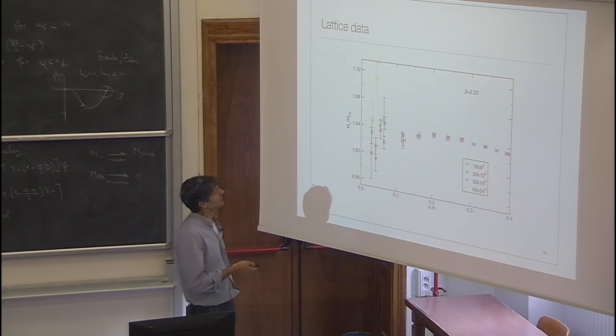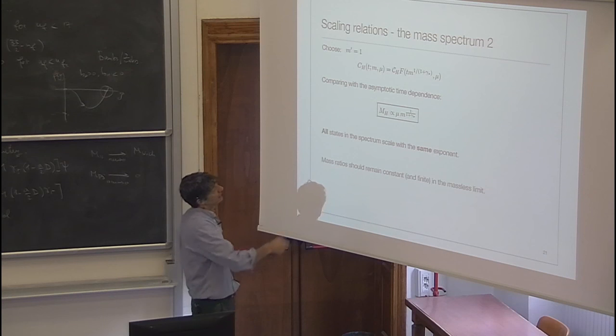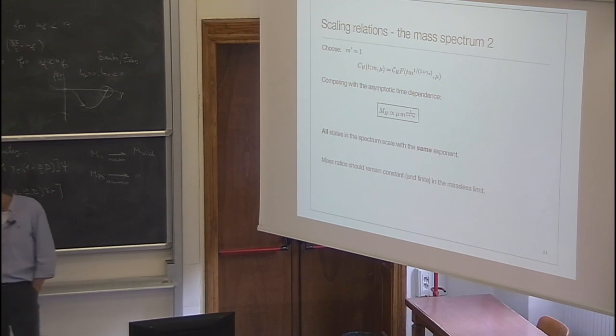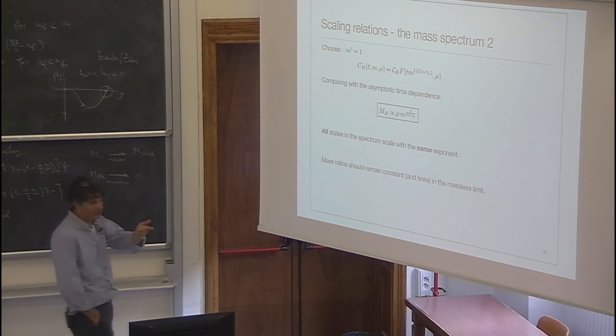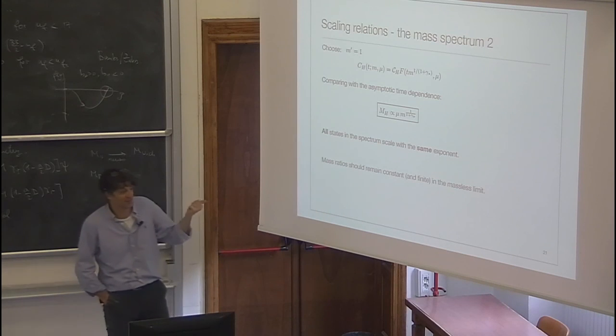Now, I don't have time to introduce all the technology. By looking at other quantities, you can also determine the critical exponents. One of the reasons we didn't invest more computer time into that is that in order to do some useful phenomenology, you like these critical exponents to be relatively large. I'm looking at Giuliano because he's an expert in this kind of games.